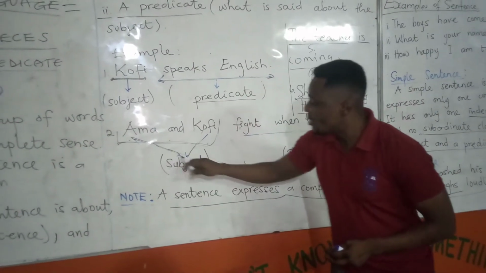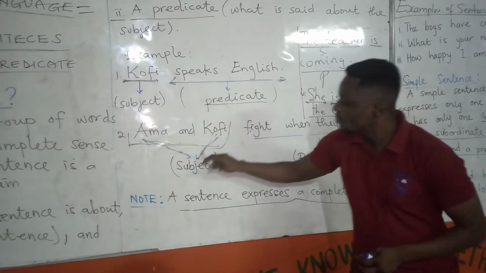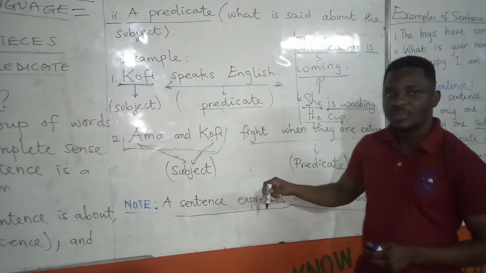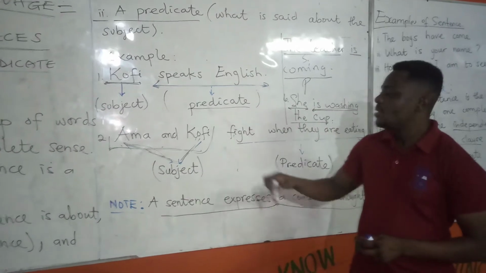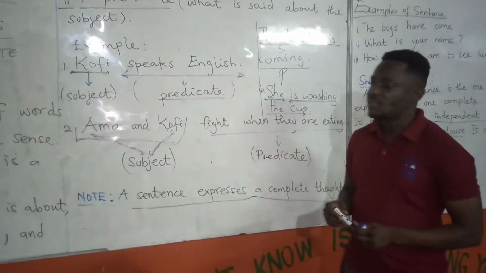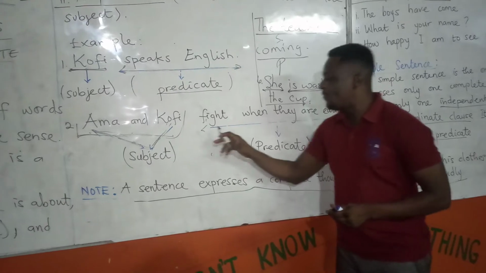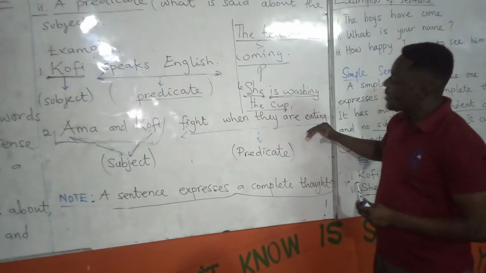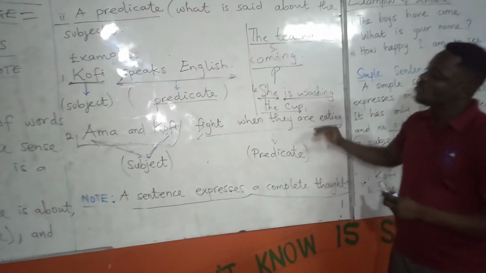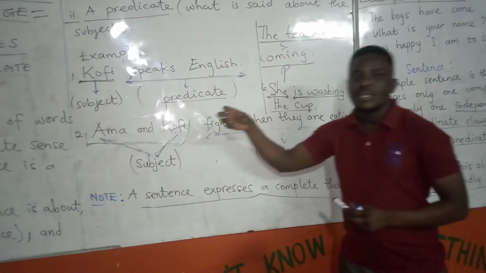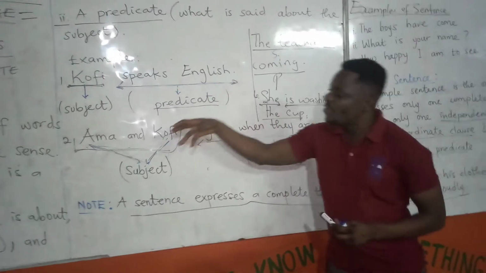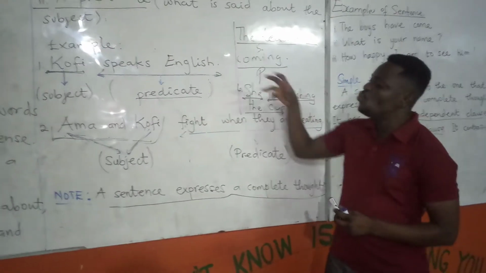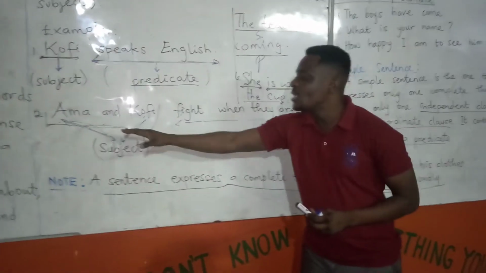They are the subject of the sentence. And the remaining part, fight when they are eating, is the predicate, because it is talking about the subject. It is talking about the performer, the doer here. And the doer here is Amma and Kofi.